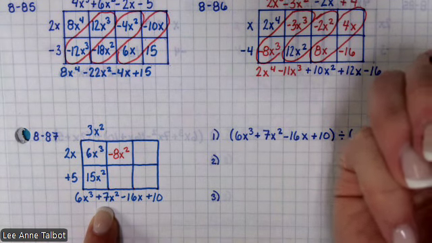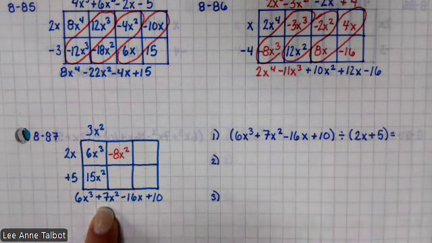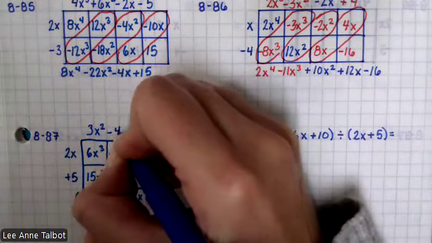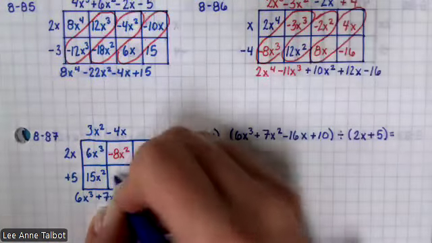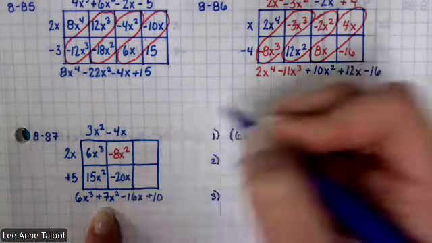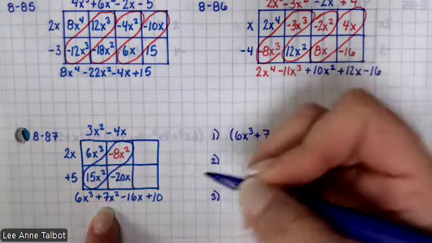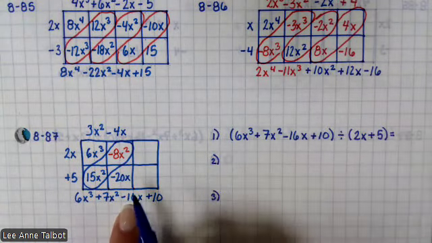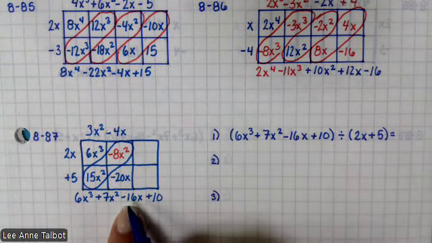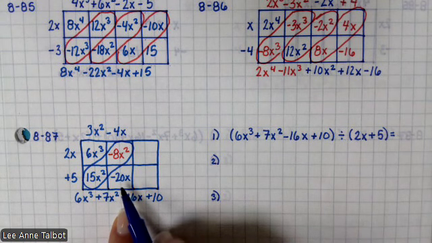What? Oh, on the top? Sorry, you're a step ahead of me. Okay. Now, I only want negative 16x's, but I have negative 20x's.